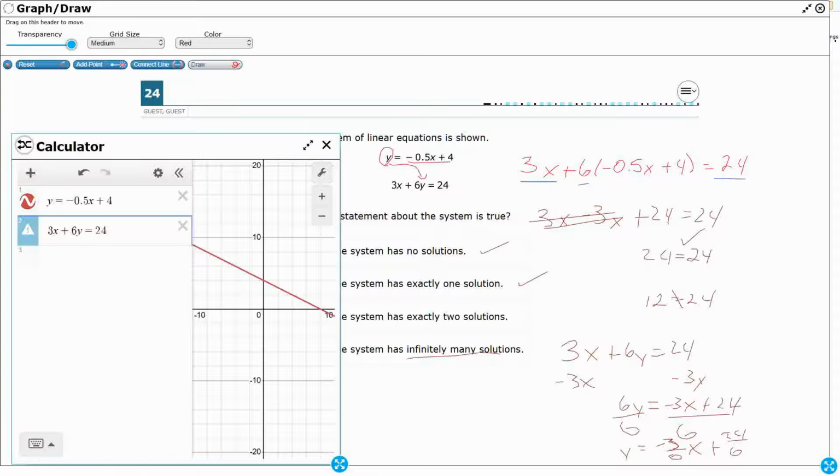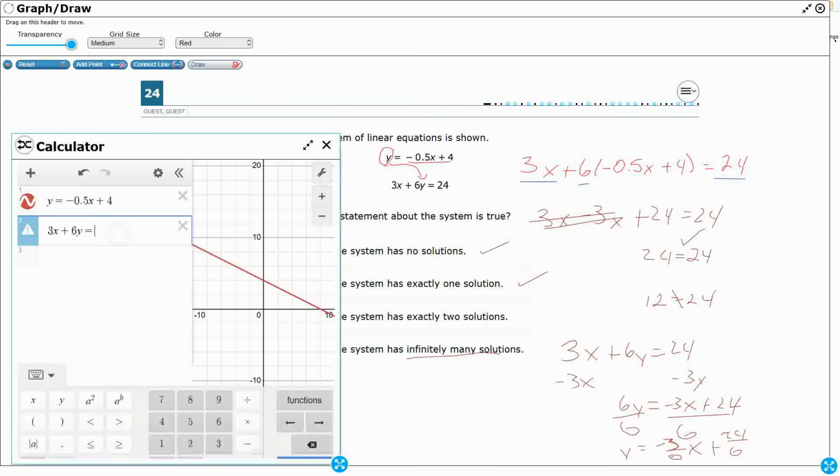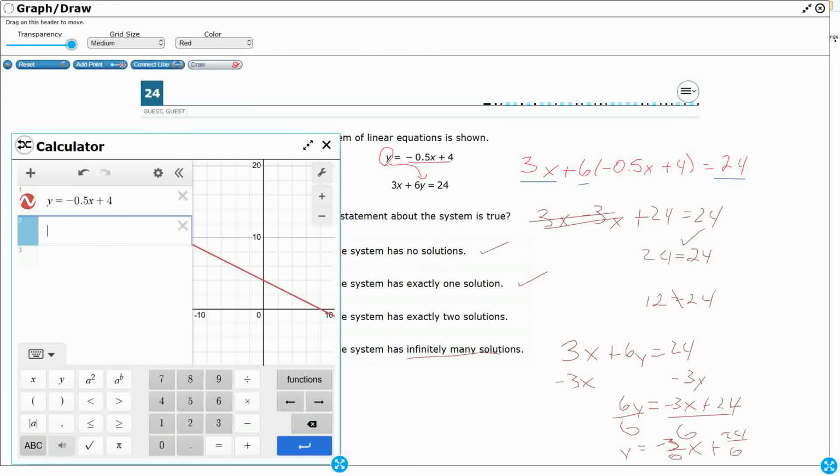All right, so we could do that. So let's go ahead and change this here and put in that slope-intercept form. So y equals negative 3 over 6 x, and then we need a plus 24 over 6.